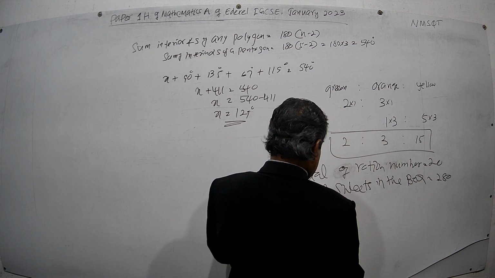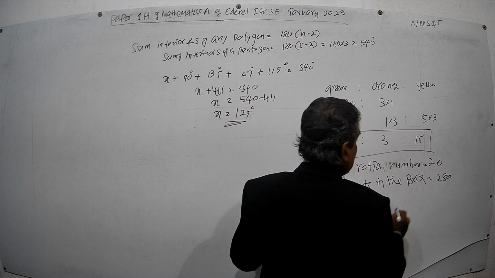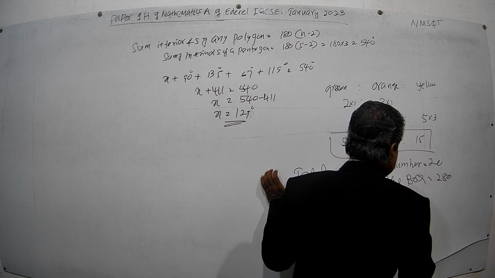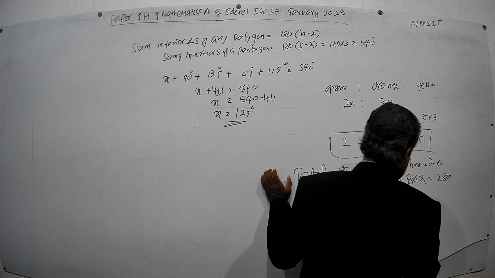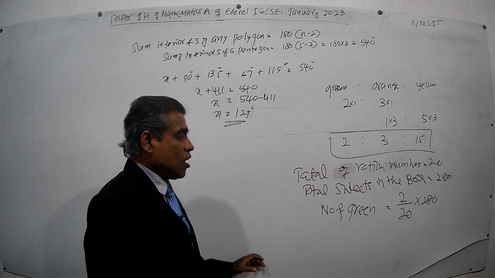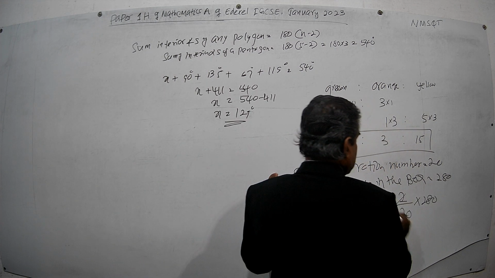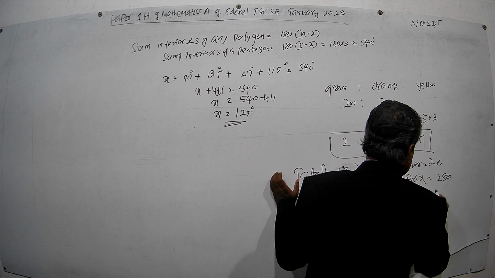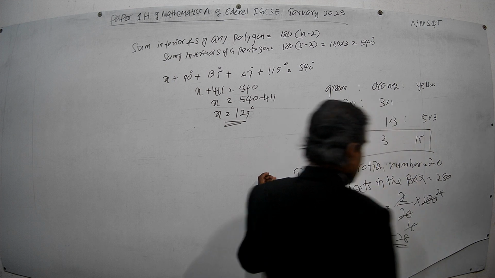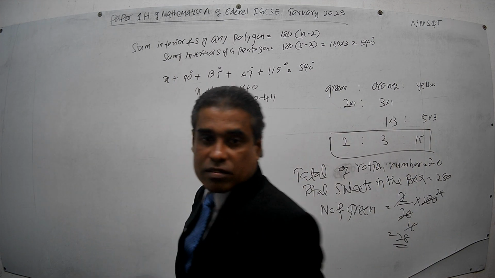So the number of green seats equals 2 out of 20 times 280. If 2 is out of 20, then how much is out of 280? 20 divided by 20 is 1... 280 divided by 20 is 14, times 2 gives 28. The answer will be 28 green seats, right? That is how to answer that question.